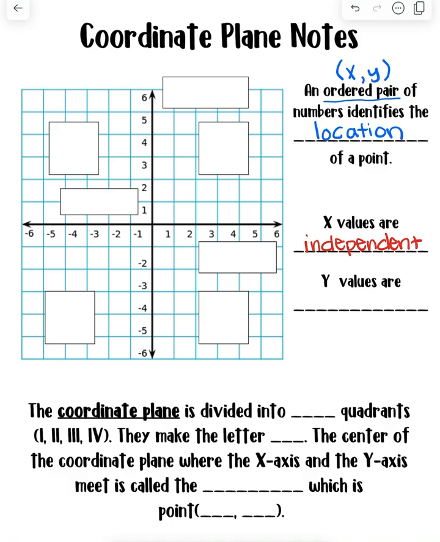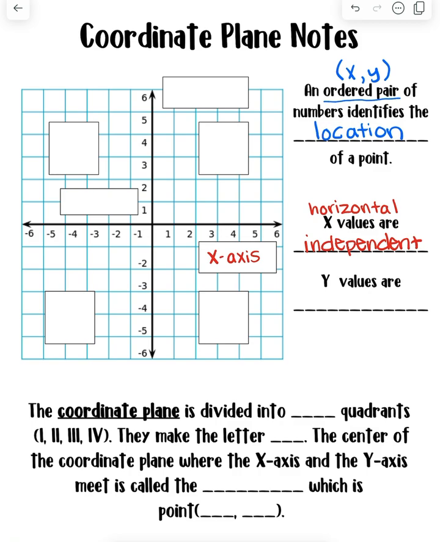And the x-axis, we call that the horizontal axis, because we are going left and right. So this right here, the horizontal, that is my x-axis. So we're going to go ahead and fill that in. Anytime we're talking about x, we are talking about going horizontally.